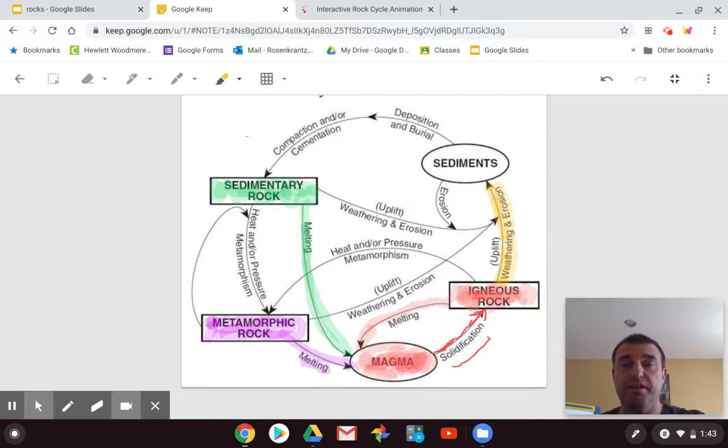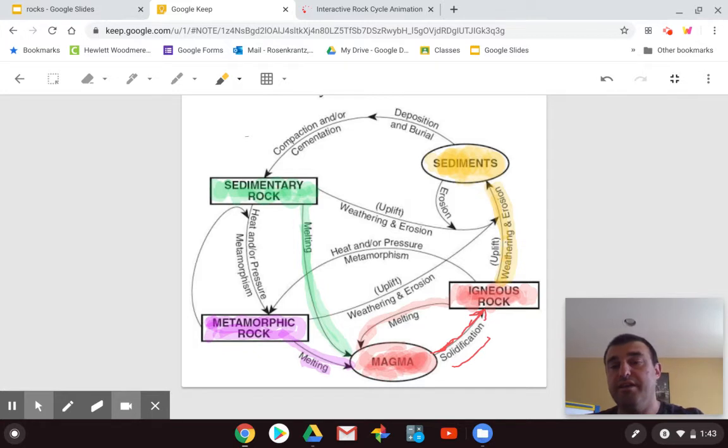So a cliff can be broken into sand. We call sand a type of sediment. So pebble is sediment. Dirt, loose dirt is sediment. So when rocks get broken down into dirt, another word for dirt is sediment, we call that weathering. And then erosion is the carrying away.